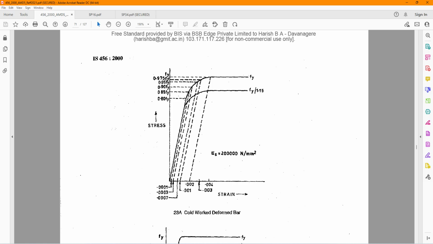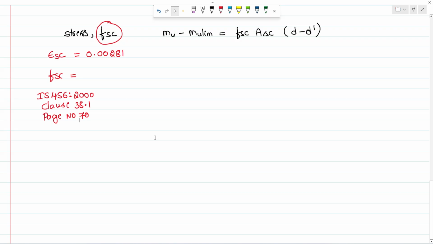You have a stress-strain curve for steel. On the x-axis you have strain, and on the y-axis you have stress. From this stress-strain curve you can find the stress value for the corresponding strain of 0.00281, or you can refer to any textbook.